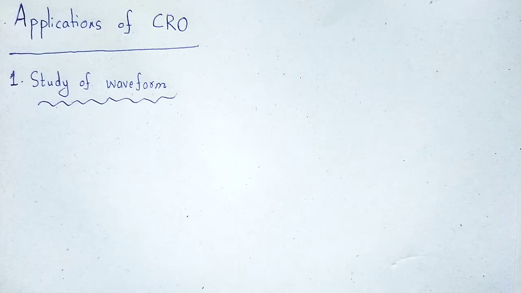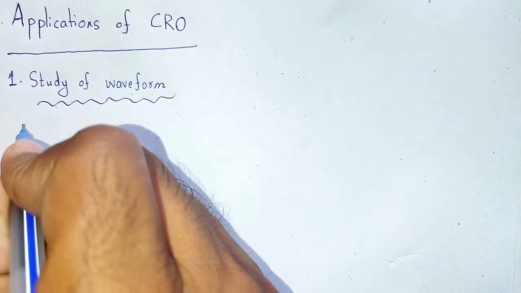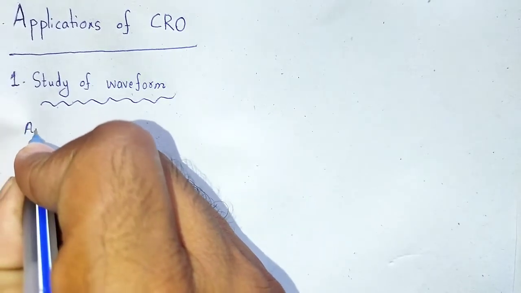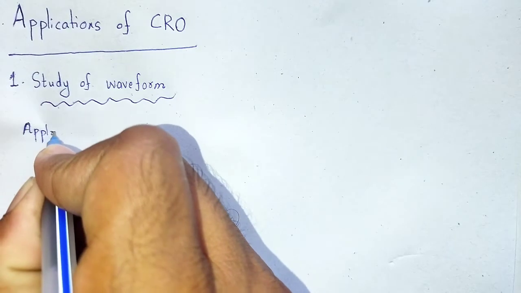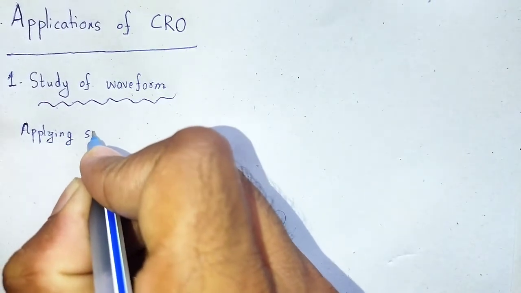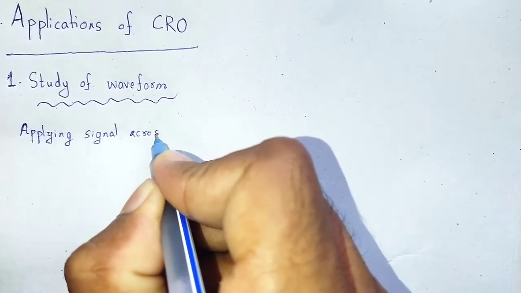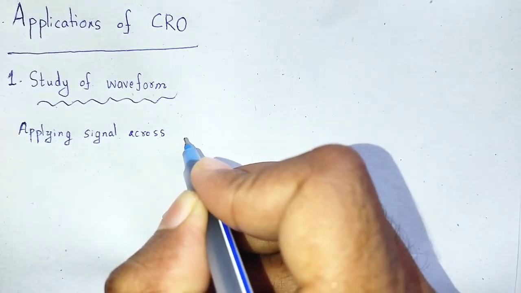So, how do we visually indicate that signal in terms of waveform? Let us discuss. First, we apply the signal across vertical deflection plates.